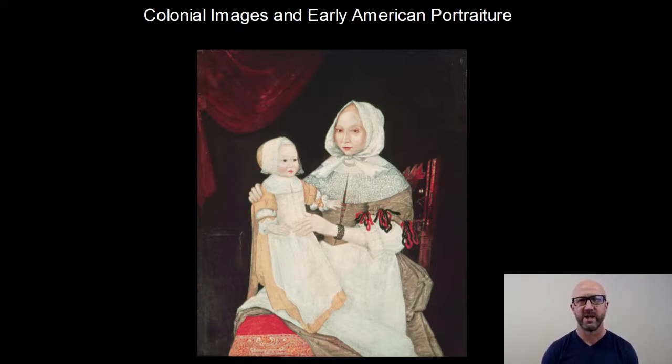In other words, the way that the beliefs of the people who are producing these works of art and the beliefs of the people who are consuming them, the intended audience, made both the artist and those who consumed it think about these subjects in their own particular way and represent them in their own particular way.